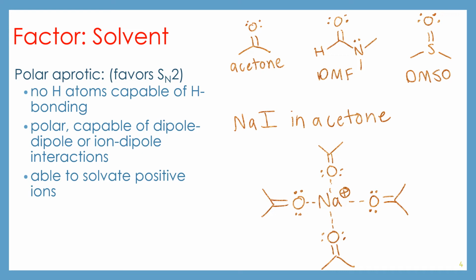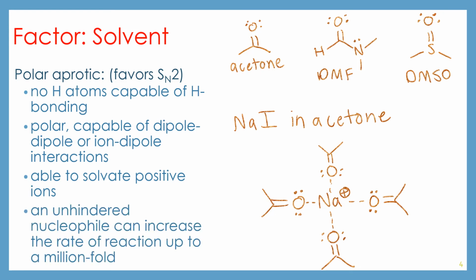So if you're in acetone, the acetone molecules, being polar, can have dipole ion interactions with the sodium plus ion, and this allows the sodium and the iodide to separate, increasing the concentration of iodide while occupying the sodium. An unhindered nucleophile can increase the rate of reaction up to 1,000,000-fold, so this is a significant effect.